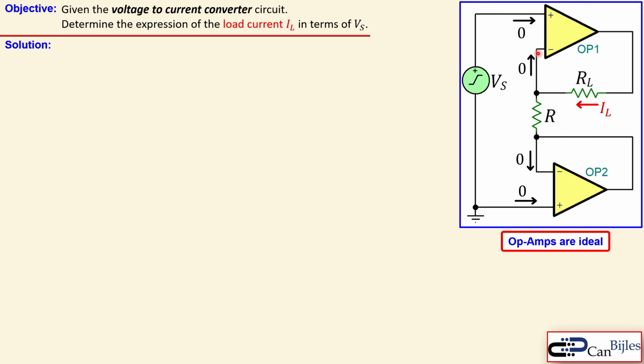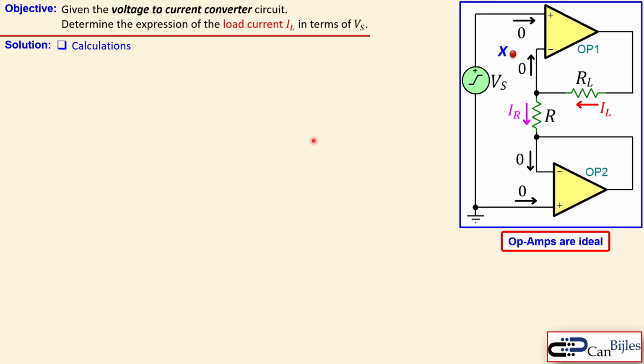So in the input terminals of these two op-amps, OP1 and OP2, we have no current. Then we can say this current IL is equal to this current, which is 0, plus this current. That means IL will be IR. So this resistor current is equal to the load current. That can be used later in our analysis.